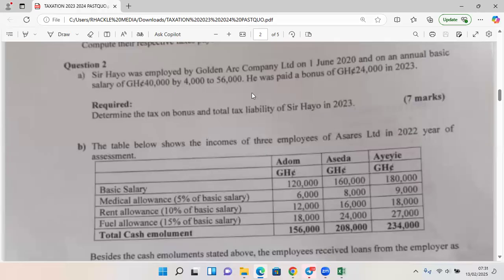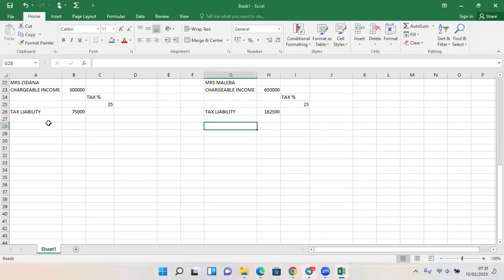Okay, so now we have to know what the basis period and the year of assessment are, right? So question 2, Mr. Hayo. Then basic salary computation.